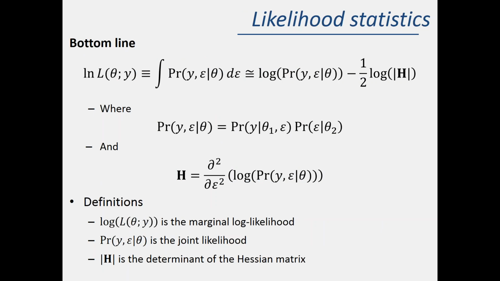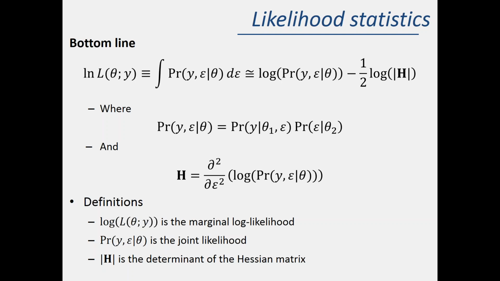So again, we get to this bottom line where we're approximating the joint likelihood function. We're getting the likelihood by integrating this joint likelihood function, and then we approximate that integral using the Laplace approximation.